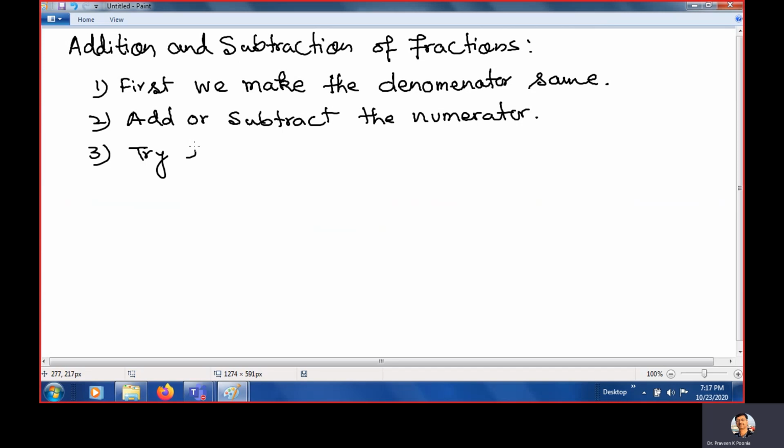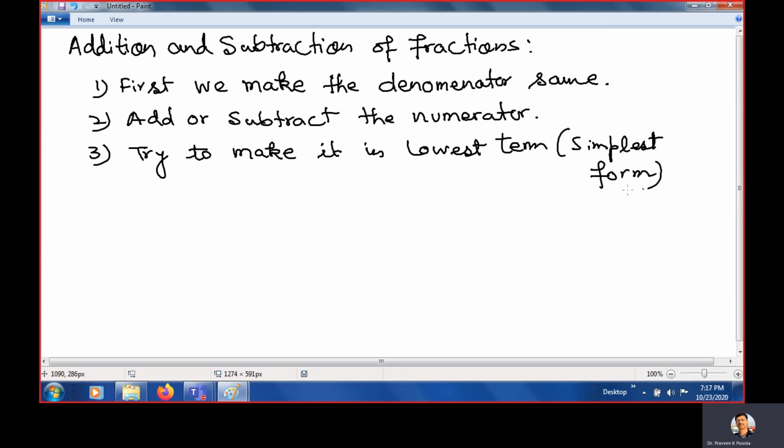Try to make it in lowest term, or sometimes it is called simplest form. We call it simplest form also. Clear? So try to make it in lowest term. So the process for addition and subtraction of fractions is very simple.